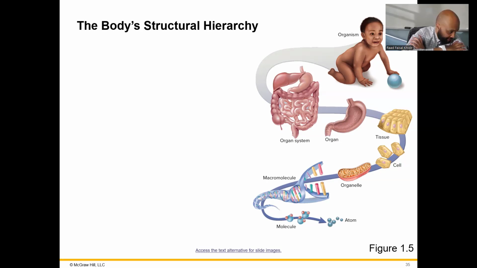It has what else? It has nerves. Remember we said that it has nerves. It has blood vessels. It has hair follicles. So all of these are different organs that are working together like an organ system.